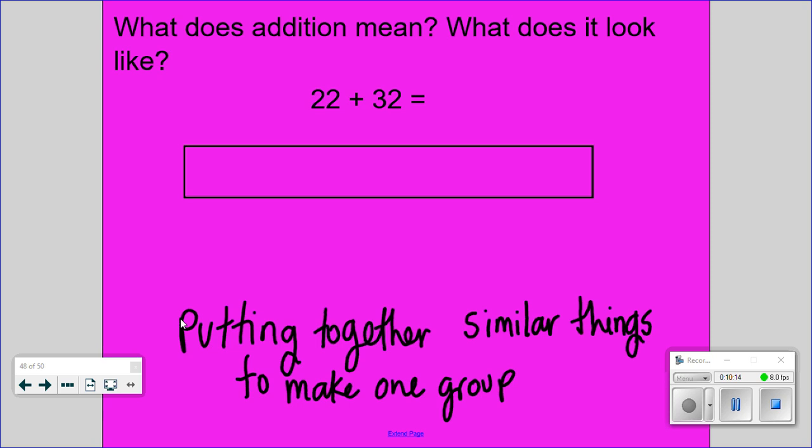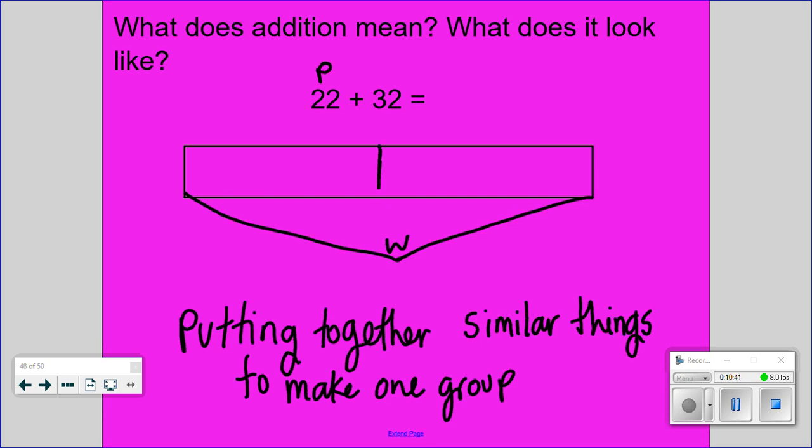Addition looks very easy on a bar model, mostly because we've had some practice with it. 22 is 1 part. I'm going to put a P over 22, and that stands for part.